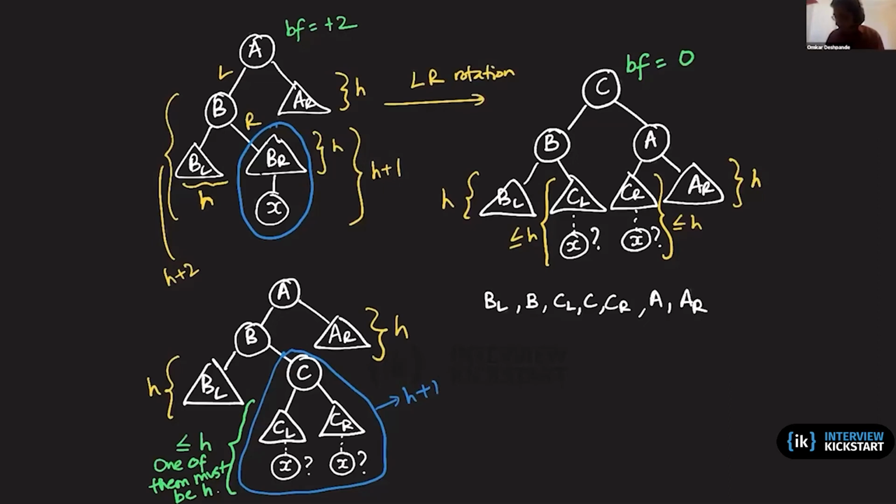What happens to the overall height? So here, before X was inserted, the overall height of the subtree rooted at A was how much? It was actually h plus 2.